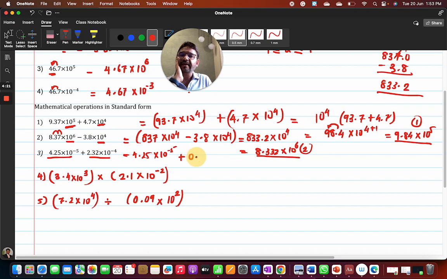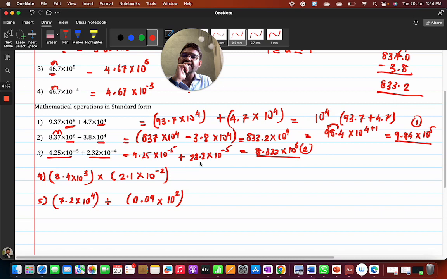Plus 0.232 into 10 to the minus 3 will become, sorry, 23.2 into 10 to the minus 5, because this is minus 4, minus 3, minus 2, minus 1, that way, so minus 5.